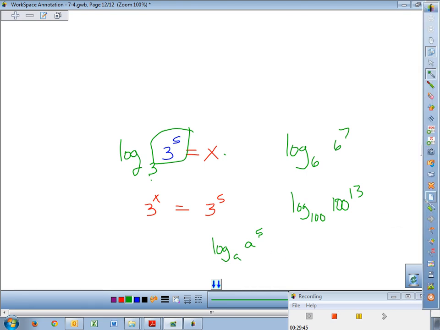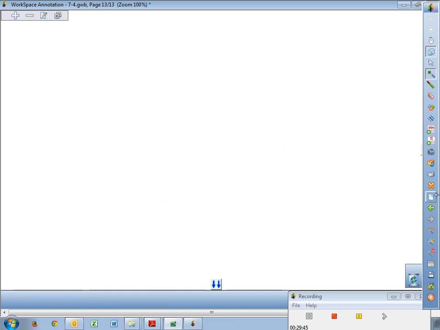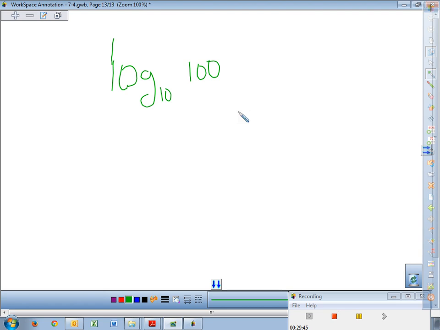Cool. So here's some other non-calculator problems that I'll just make up. What is log base 10 of 100? What's that equal? The way I want you to think of it is 10 to what power equals 100? 2.